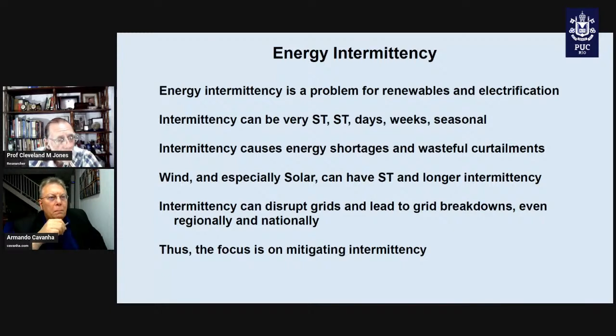So that is a concern, and it requires investment, not just in alternative power or storage, but in grid strengthening, grid robustness, and that is expensive. It means laying more cables and so on. So the focus is generally on mitigating intermittency because you can't do away with it.